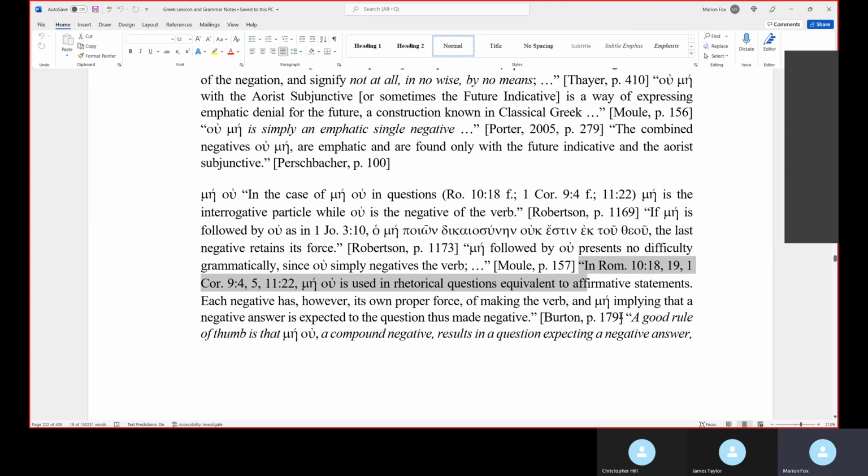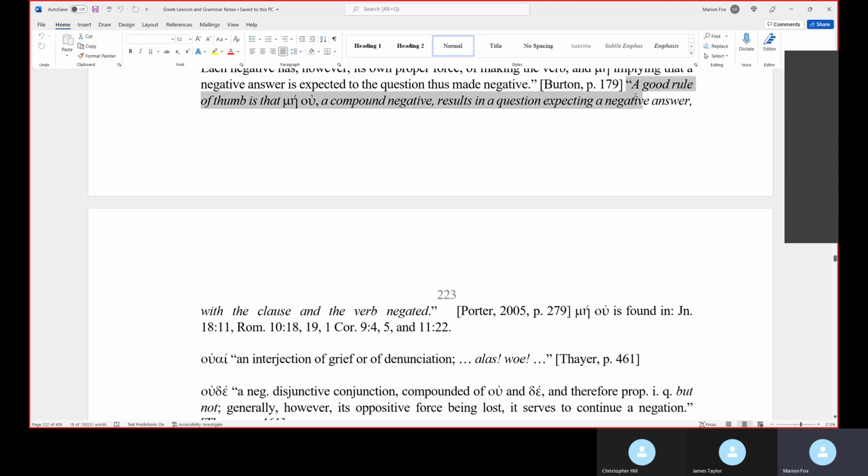And what Porter tells us here, a good rule of thumb is that me with a compound negative results in a question expecting a negative answer, with the clause and the verb negated. Here are the places it's found: John 18:11, and the rest of them are in Romans and 1 Corinthians. Not found but 1, 2, 3, 4, 5, 6 times in the New Testament.